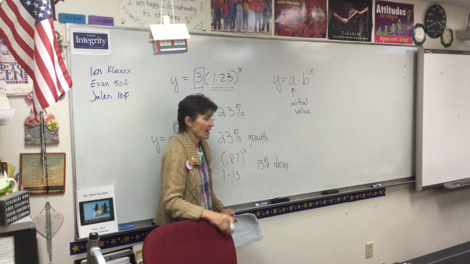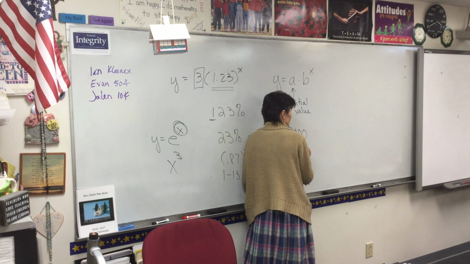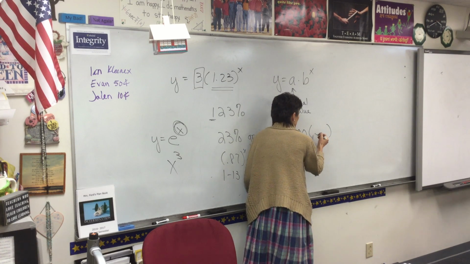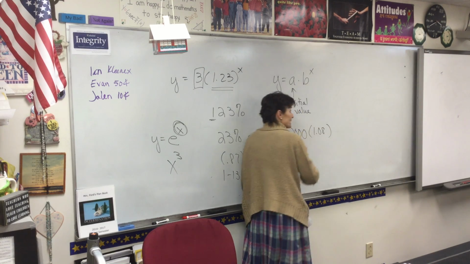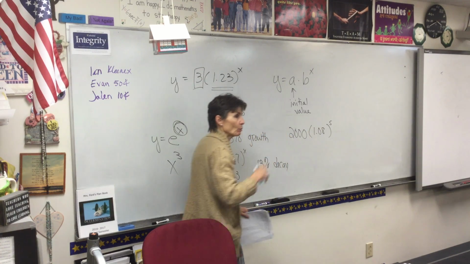Well, let's think about that. If we started with 2,000 and we were growing by 8%, what would we be multiplying by? 1.08, that's it exactly. And if we're doing it for 5 years, we would raise it to the 5th power or whatever.